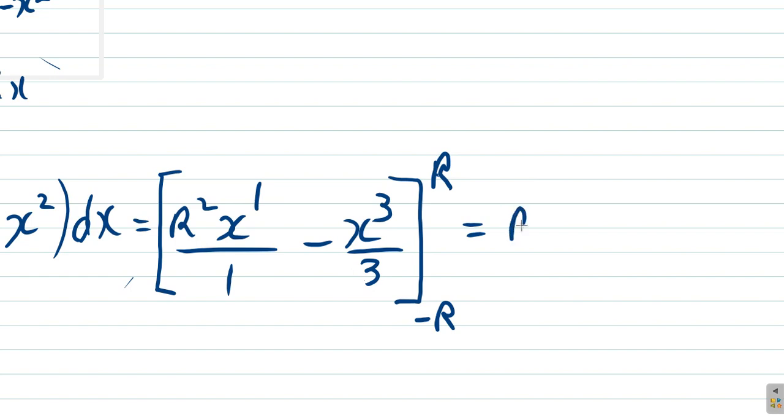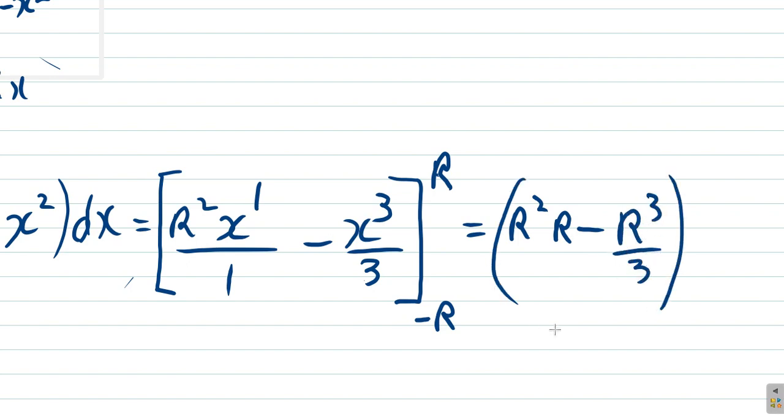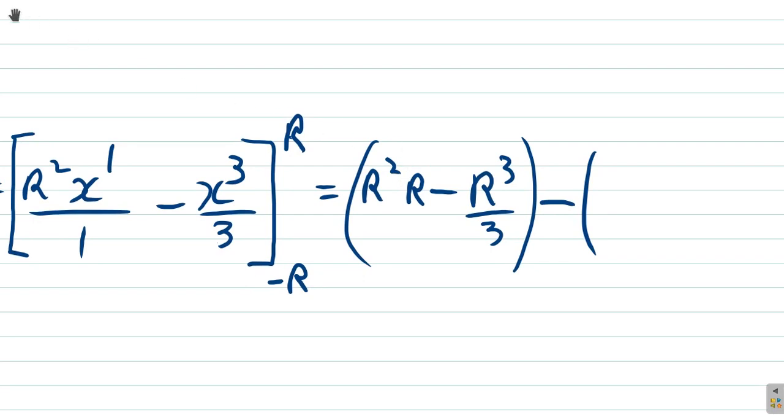So we have r squared times r, the upper boundary, substituted for x, minus, and we have the x cubed, so it is r cubed substituted for x over 3. So you substitute the upper boundary here, minus, you repeat the substitution, but this time the lower boundary.